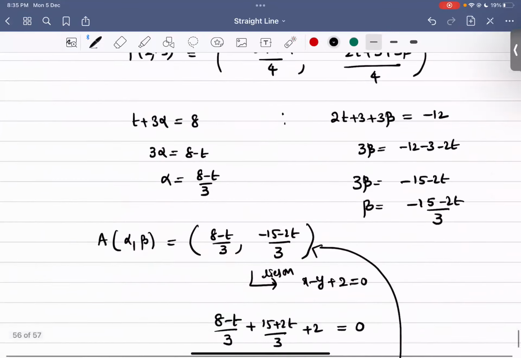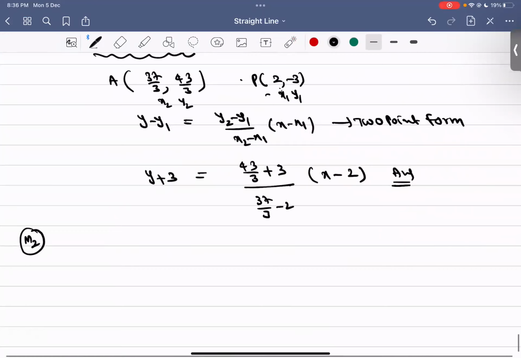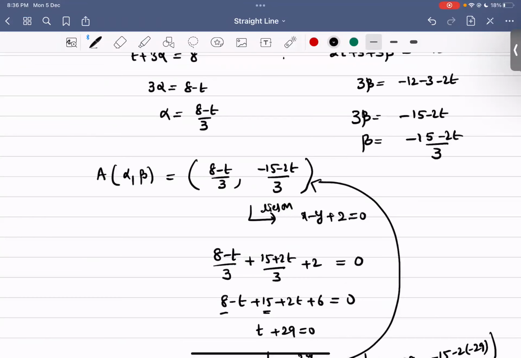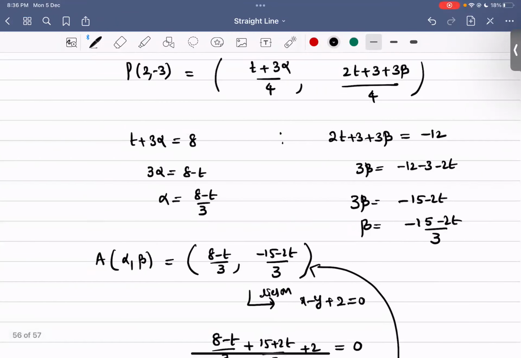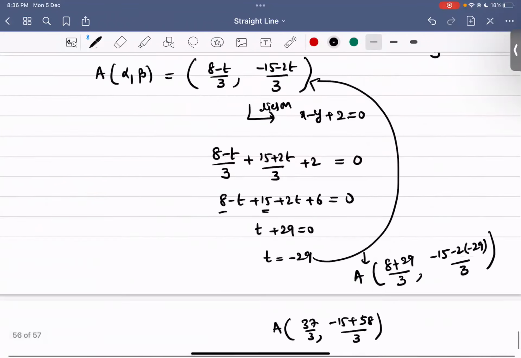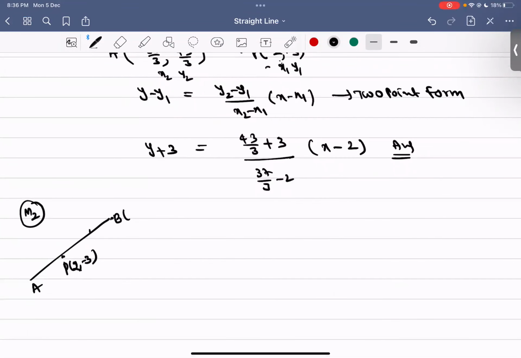But in method 2, I use the external division formula. Here P is 2 comma minus 3, and B is T comma 2T plus 3, like this I have taken.